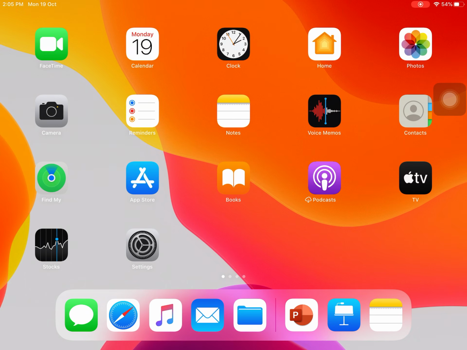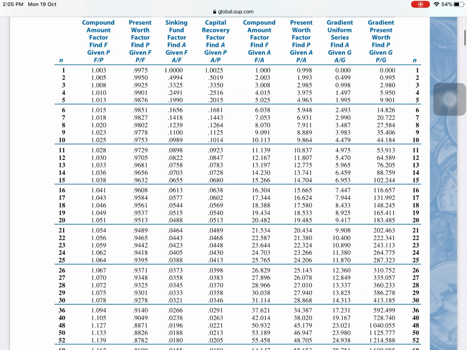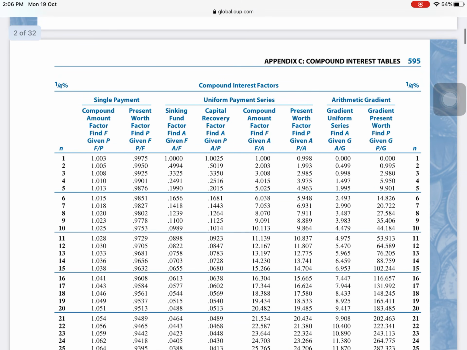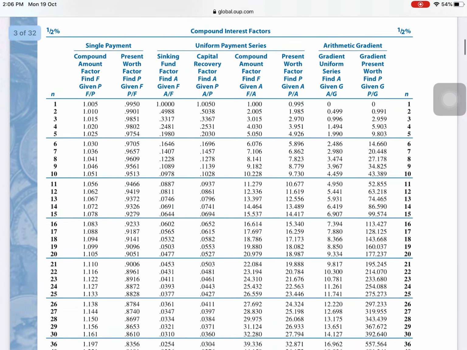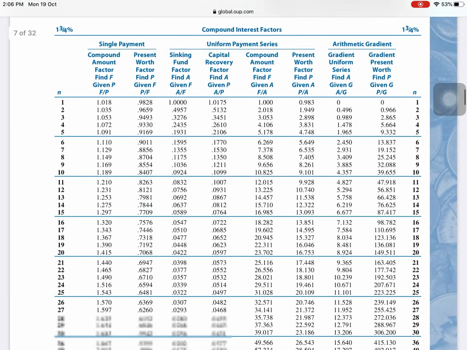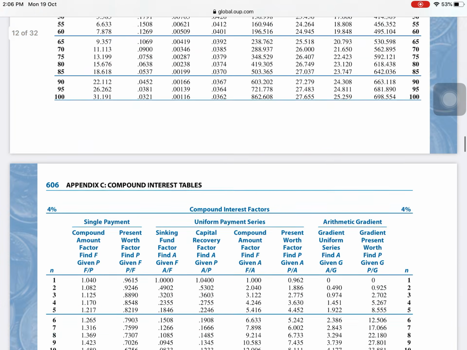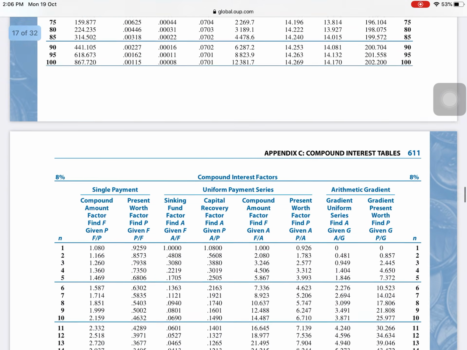So we go back to the table. What do we want? We want i equals 10%, so we scroll down to 10%.